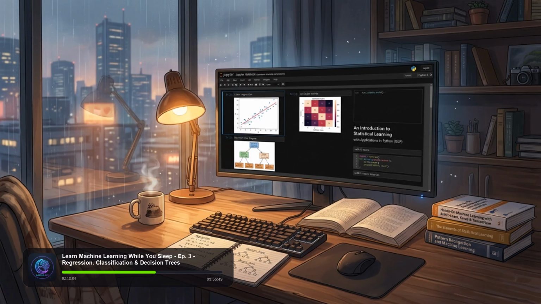Despite their structural elegance, fully grown, unconstrained decision trees suffer from a massive engineering flaw: catastrophic overfitting and extreme variance. If a decision tree is allowed to grow without depth constraints, it will continue splitting nodes recursively until every single leaf node contains a single data point or achieves 100% purity.